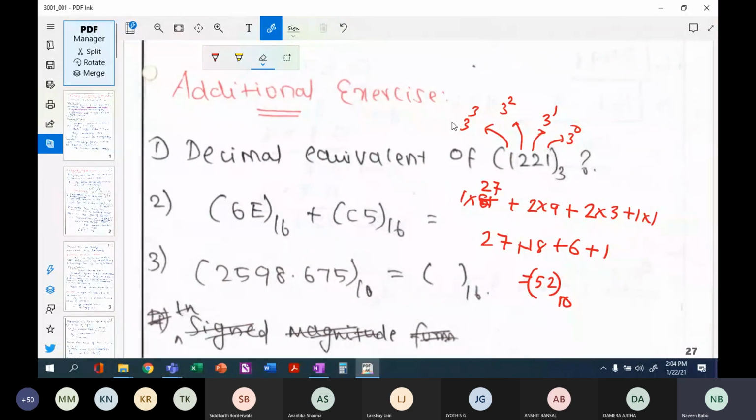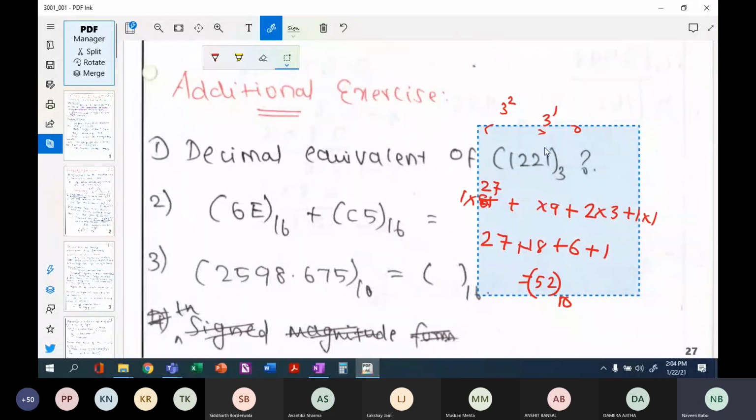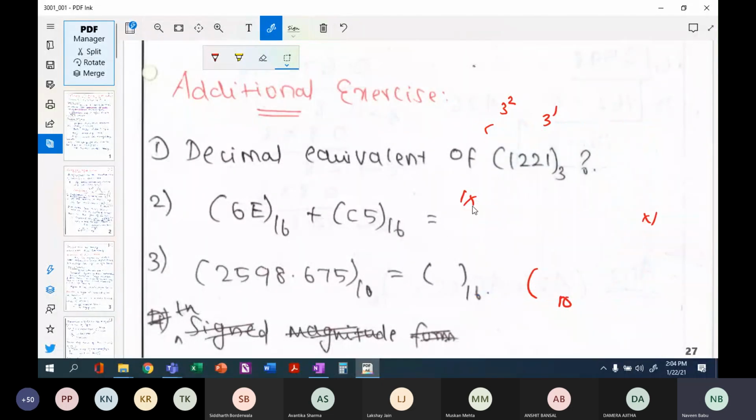Now, second question. How do you do this particular problem? The second one, that is 6E to the base 16 plus C5 to the base 16. How do you do this?